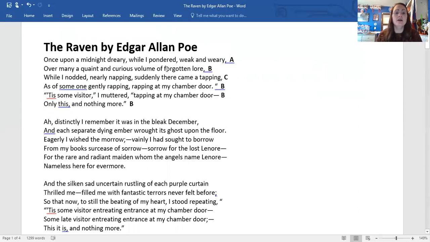We have a very nice musicality to this poem with the end rhyme as well as the internal rhyme. We have napping, tapping, rapping, and then you have door, more, of course, the end rhyme, sorry.